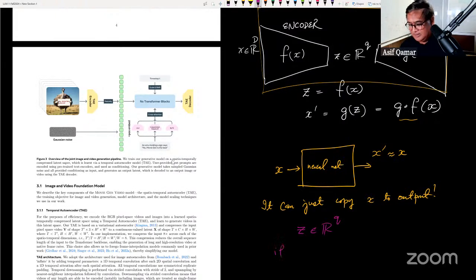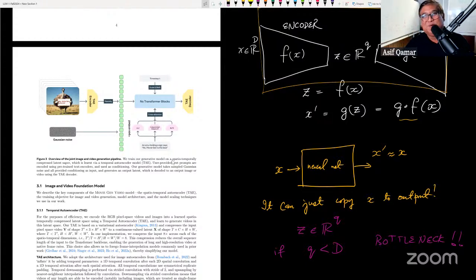Now, if Q is less than D, let's say you're taking a 100-dimensional vector and squashing it to 3 dimensions, now there is a problem. You just introduced a bottleneck. The machine cannot copy things over, isn't it?